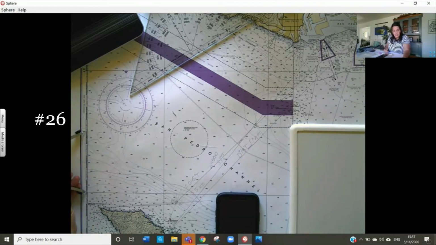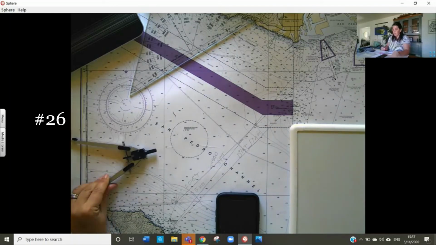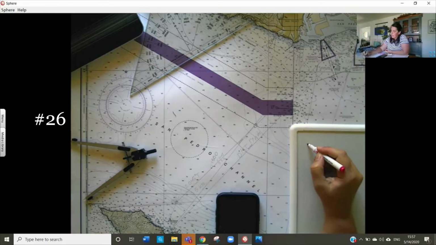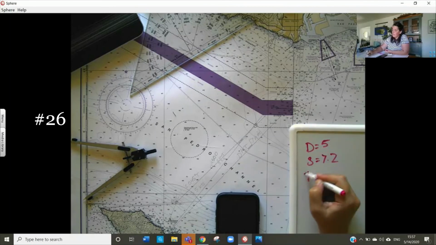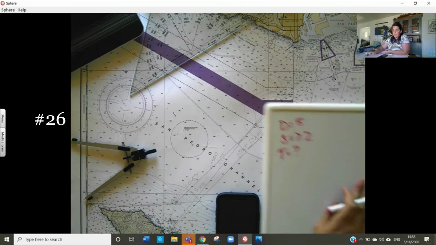Get a distance of exactly 5. So we have a distance of 5, we have a speed of 7.2. How long will it take us to get there?